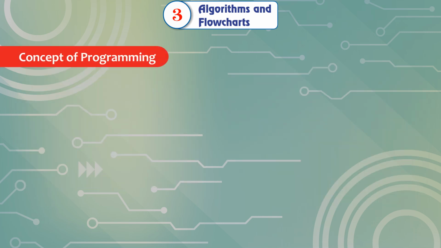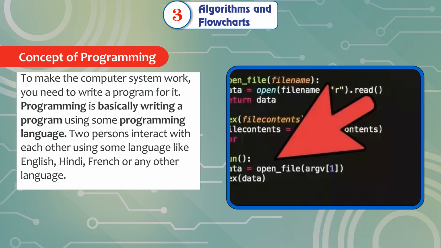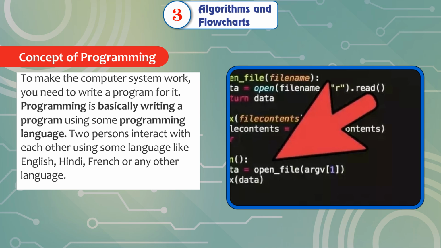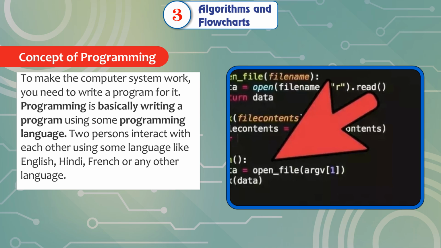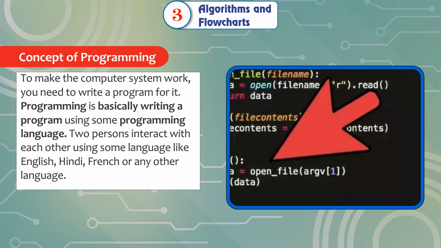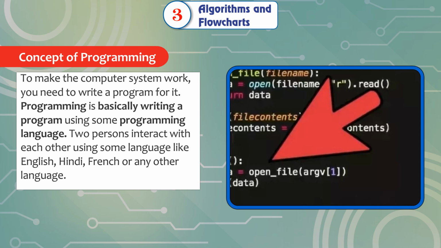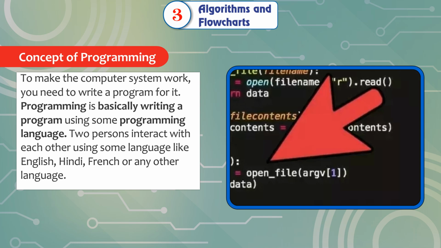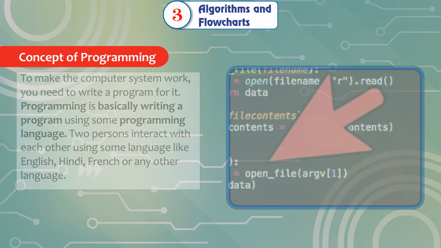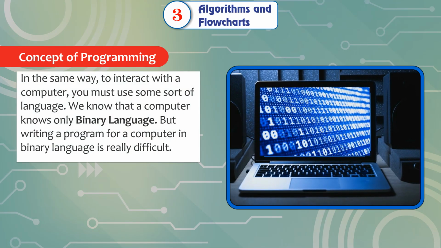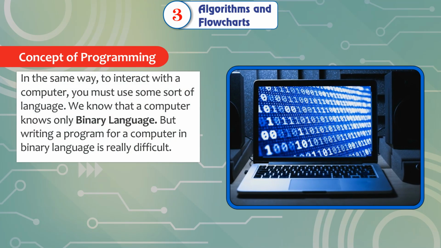Concept of programming. To make the computer system work, you need to write a program for it. Programming is basically writing a program using some programming language. Two persons interact with each other using some language like English, Hindi, French, or any other language. In the same way, to interact with a computer, you must use some sort of language.